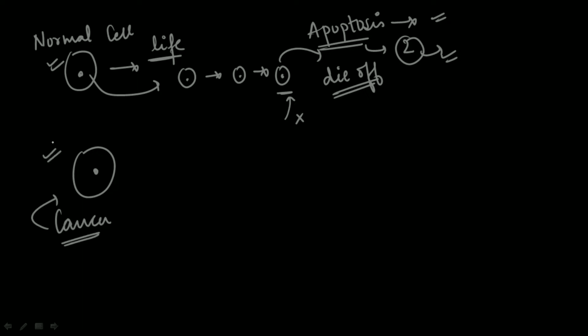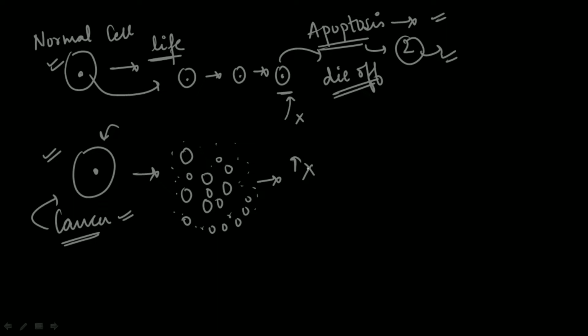Now let's consider the second condition in which cancer occurs, or we can say that this cell has turned into a cancerous cell from a normal cell. Now what happens is that this cancerous cell would continue to divide irrespective of any function, or irrespective of what its role is. It would continue to divide and increase in number without any stoppage.